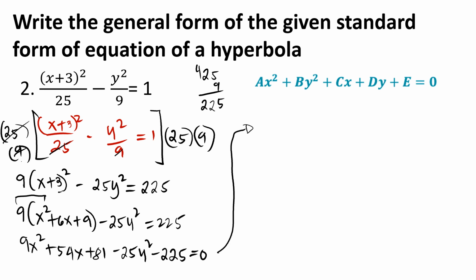Okay, so we will be adjusting this now to the general form. So the first term in the general form is the x squared term, and for that we have the 9x squared followed by the y squared term.